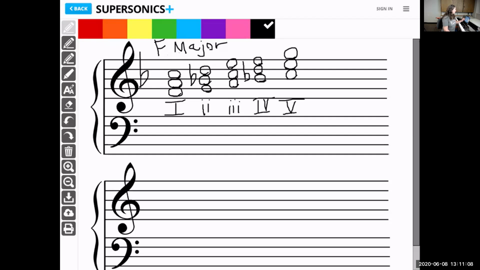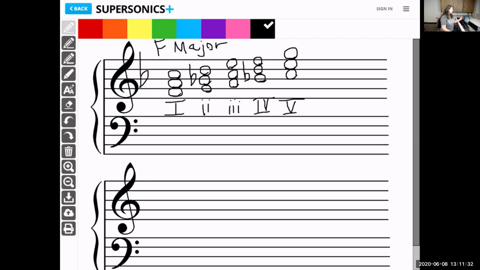That is the 5 chord. So we're at F major, the 1 chord. G minor is the 2 chord. A minor is the 3 chord, so we again have a small Roman numeral because it's minor. B flat major is the 4 chord. C major is the 5 chord.